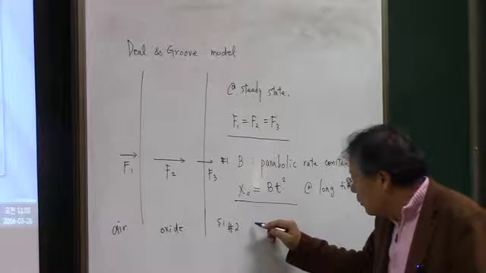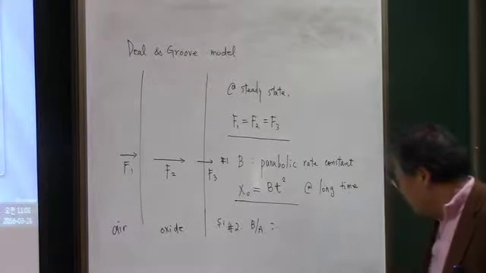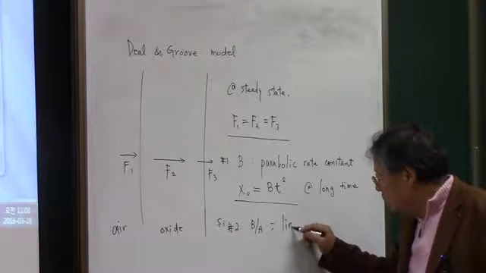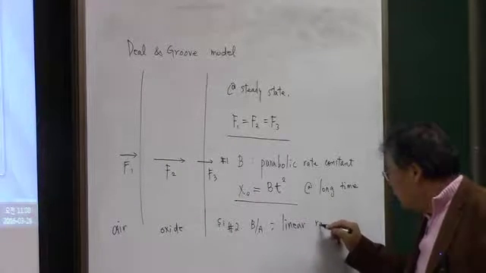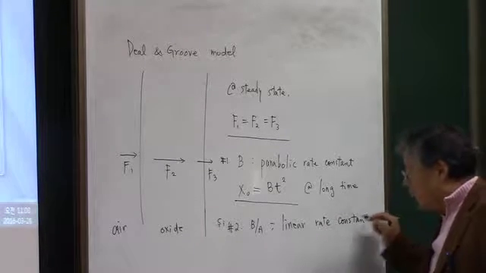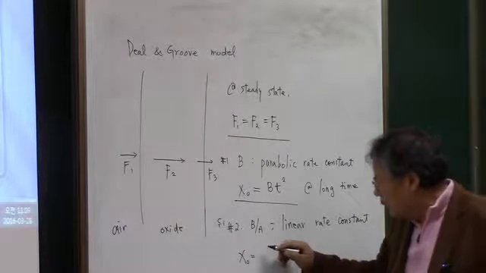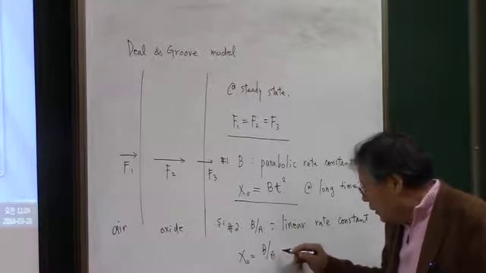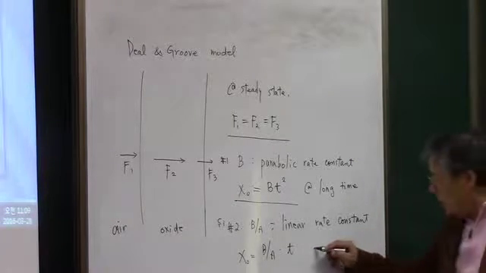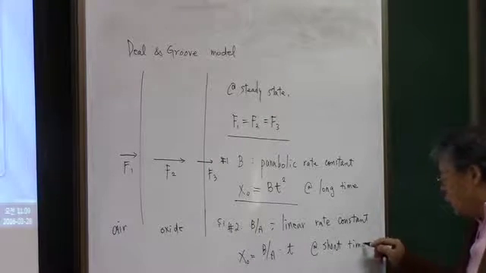And we have another constant which is going to be B over A, and that is called the linear rate constant. And in this case, the X0, the oxide thickness, is going to be linearly related to the time, and it happens at the short time of oxidation.